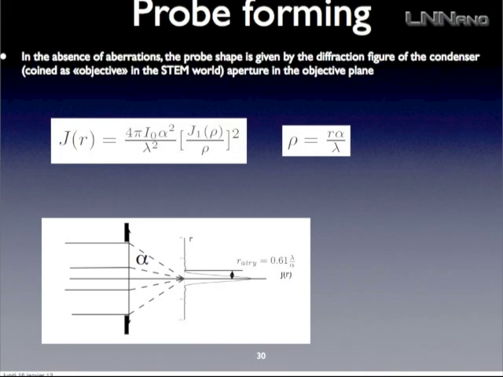If you want to have better resolution, if we think, which is not totally true, but if we think that resolution is ultimately given by the diffraction limited probe size, then you really want to decrease the wavelength of your electron beam. You want to increase the energy, just like in a TEM. And of course, you want big angles, very big angles.